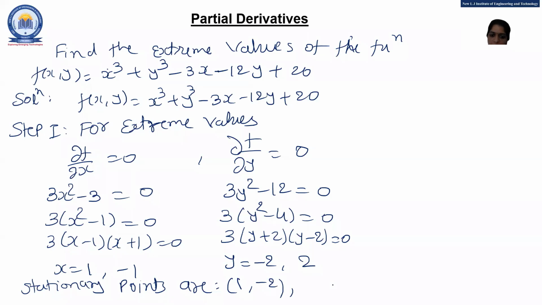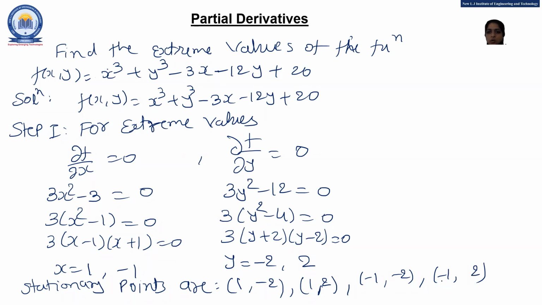If I have again x equal to 1, then y is 2. See, I keep one common for x and two values for y. Similarly, if I take x equal to minus 1, at that time y is minus 2. And if I take x again minus 1, at that time my y is 2.